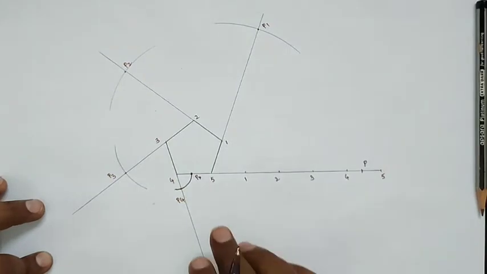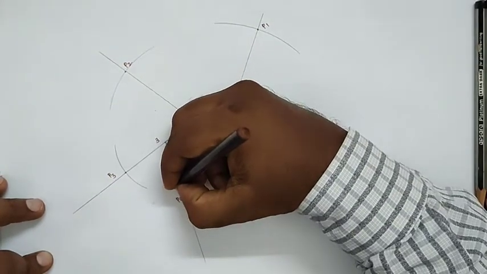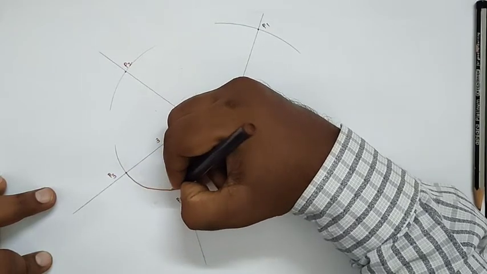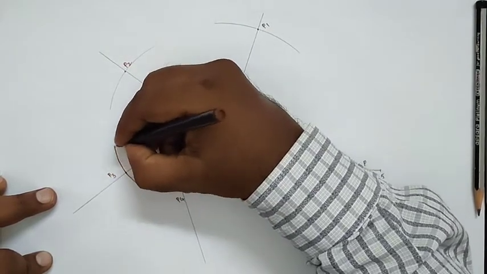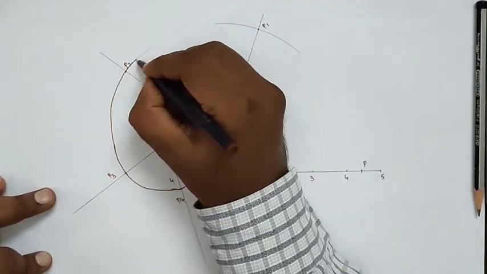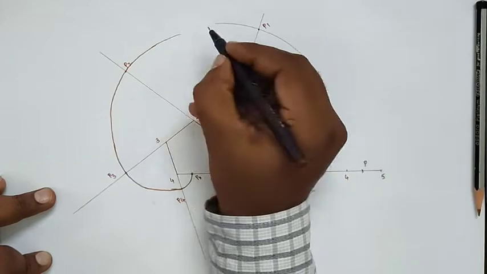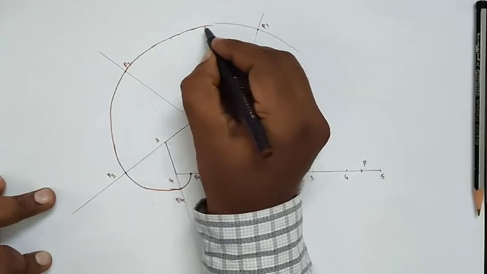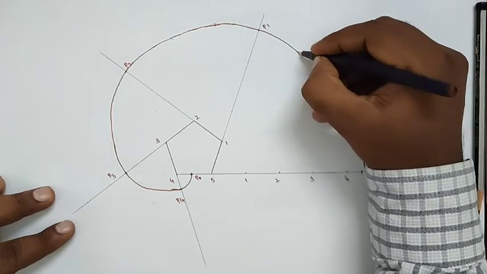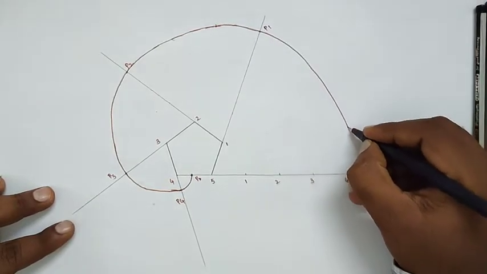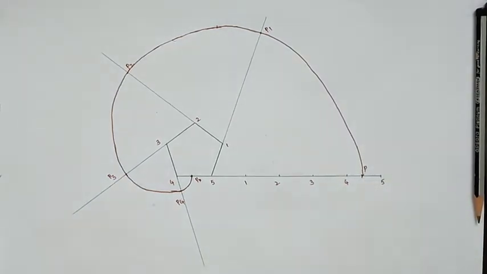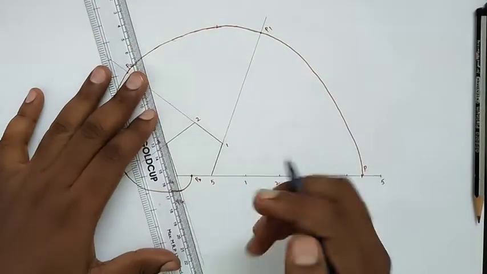So if the perimeter of the polygon... joining neatly, we get the curve like that.